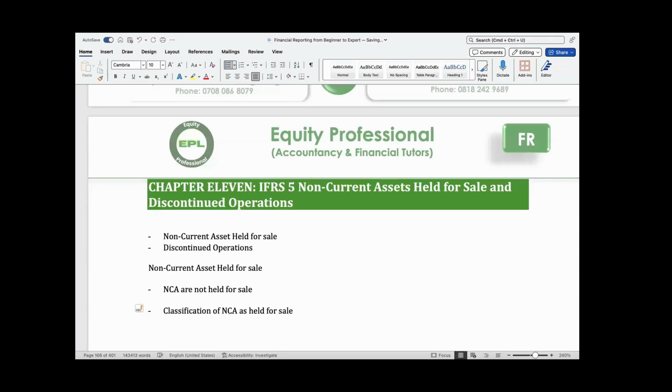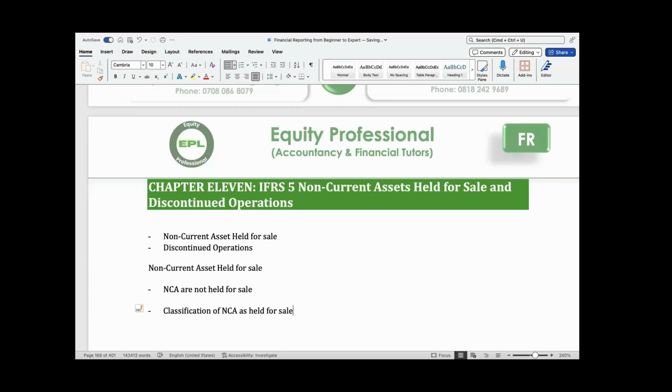That's the first and most important thing here: the conditions, the situations that can arise that you would have to then classify a non-current asset as held for sale.